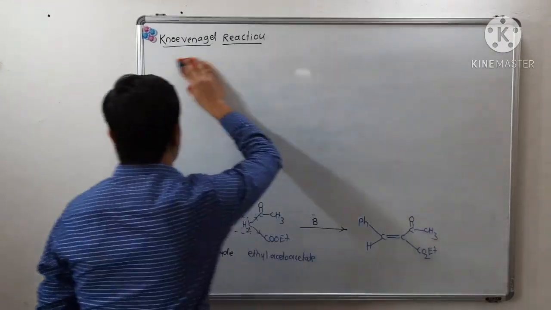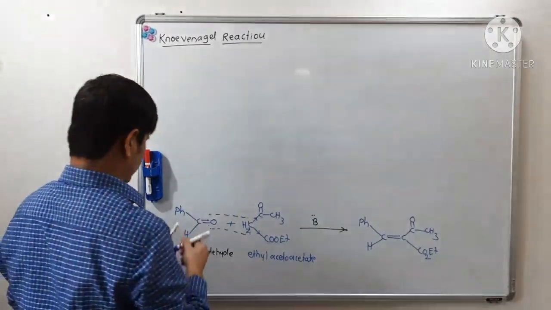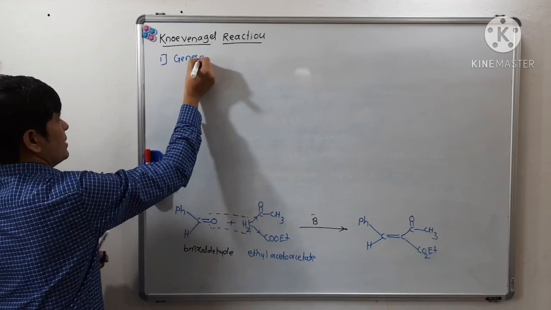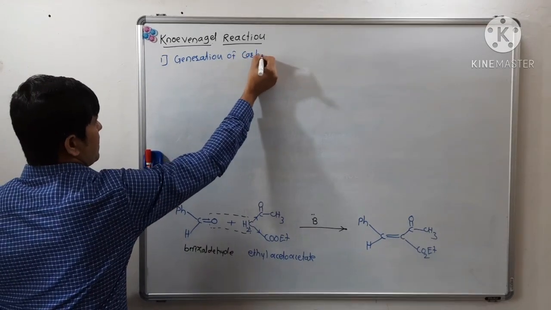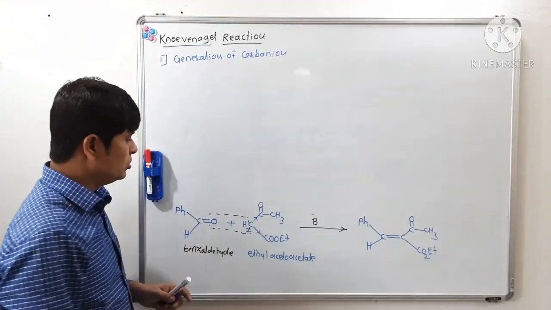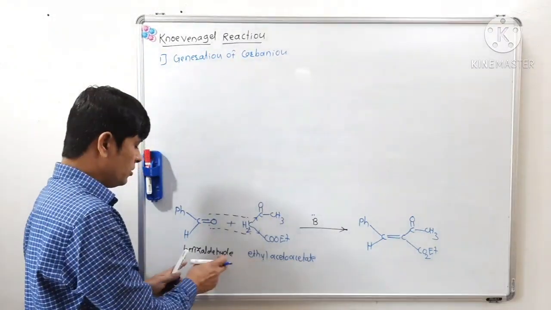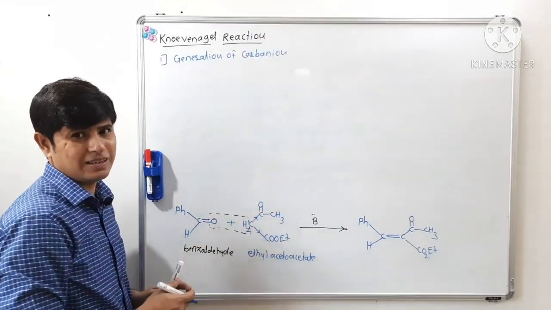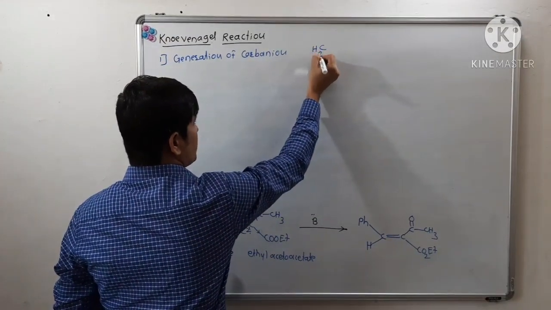Obviously the first step will be generation of carbanion. From which compound will we get carbanion? Active methylene compound or aldehyde or ketone? Obviously we will get carbanion from this active methylene compound like ethyl acetoacetate. Okay, so write this.